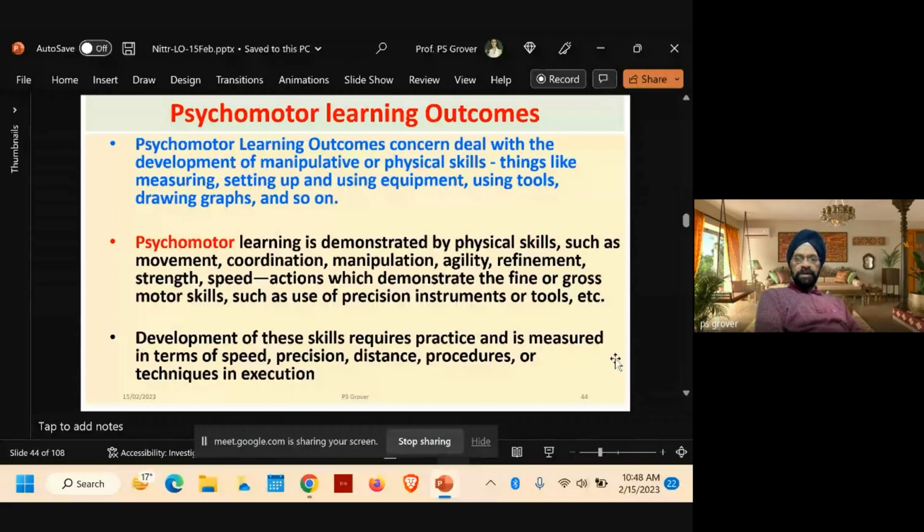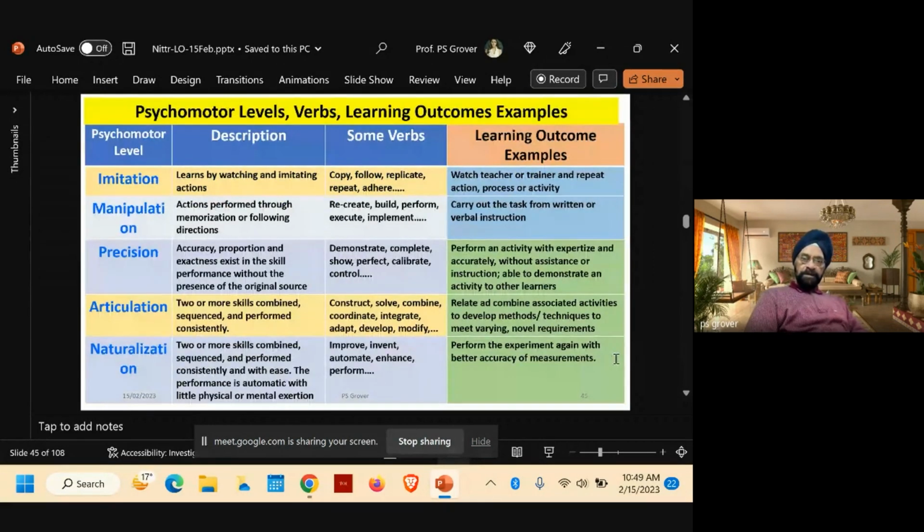Psychomotor learning outcomes deal with the development and manipulation of physical skills, things like setting up and using equipment, using tools, etc. There are five levels, and corresponding to the five levels there are again verbs.